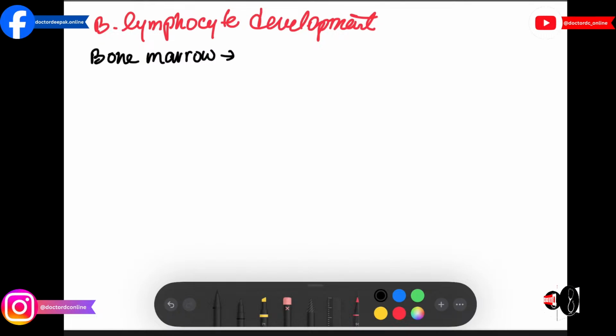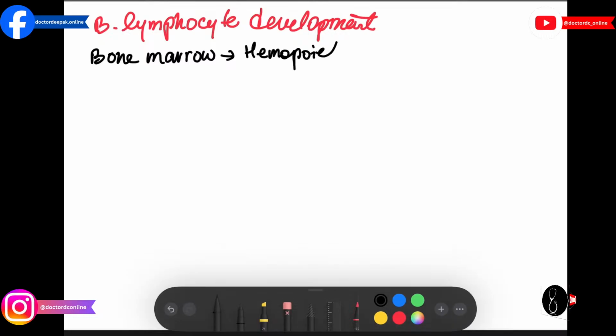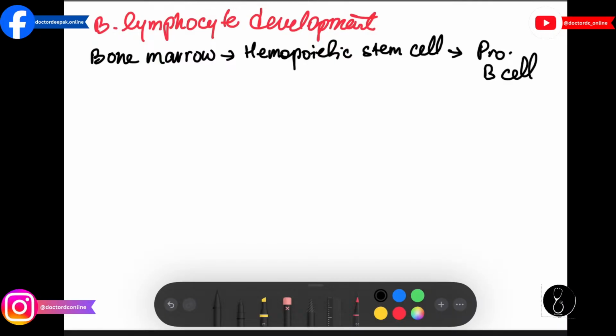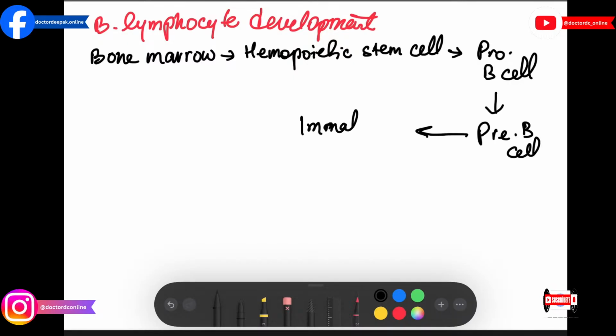In the bone marrow, the hematopoietic stem cell converts into a pro-B cell, and that pro-B cell is converted into a pre-B cell, and that pre-B cell converts into an immature B cell.